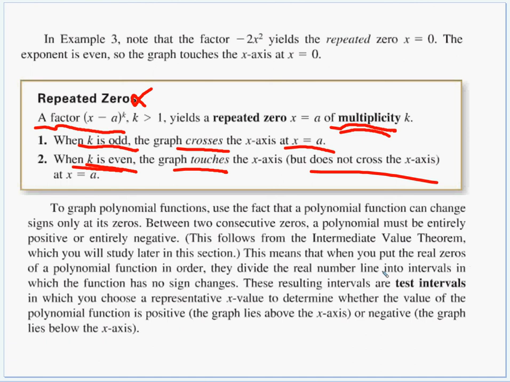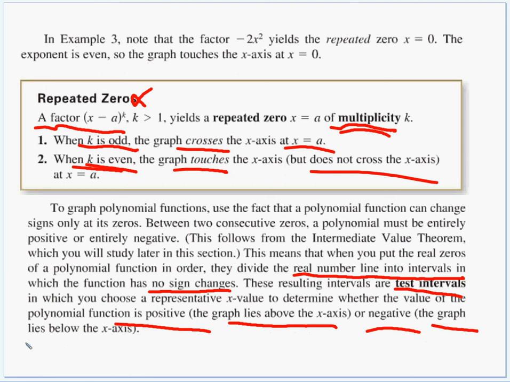This means when you put the real zeros of a polynomial function in order, they will divide the real number line up into intervals on which the function does not change sign. These resulting intervals are test intervals in which we can choose some representative value to determine the value of the polynomial function. If it's positive, the graph is above the x-axis, or negative, the graph will be below the x-axis.